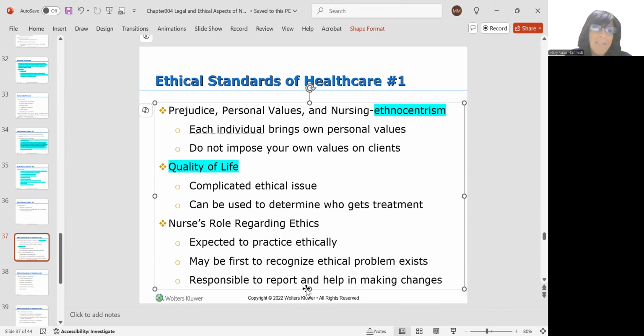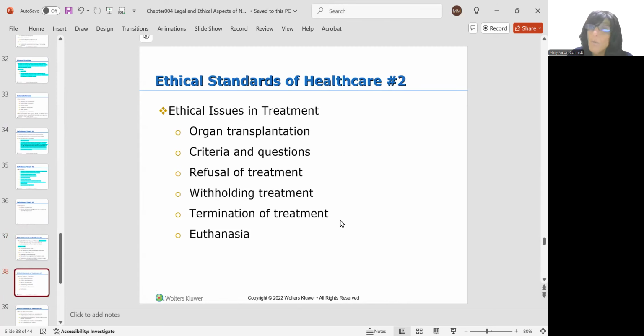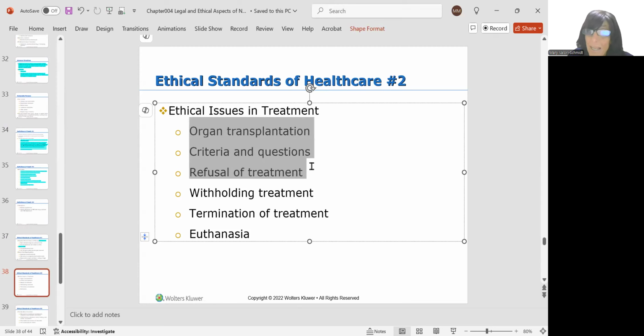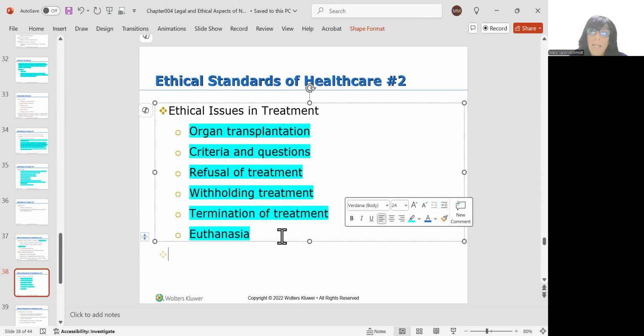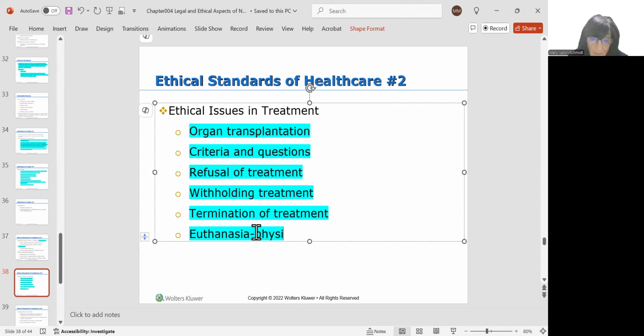We're expected to practice in an ethical way, but sometimes we're the first ones to identify ethical dilemmas and we bring them to the attention of someone at our job. Usually it has to do with things like organ transplant, refusing treatment, withholding treatment. I won't call it euthanasia, but I'm going to call it physician assisted suicide, which is legal in New Jersey.